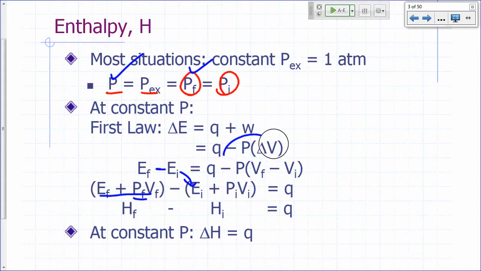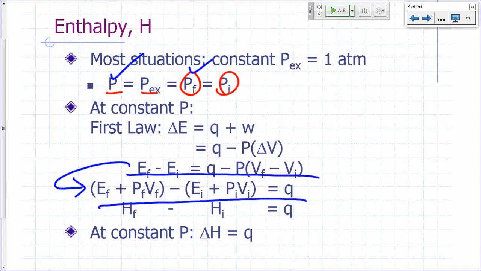It should be simple algebra to go from this equation to this equation over here. You can see here that Q, the amount of heat flow, is just E plus PV in the final state minus E plus PV in the initial state.